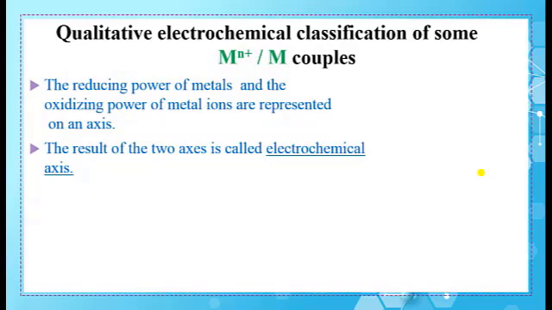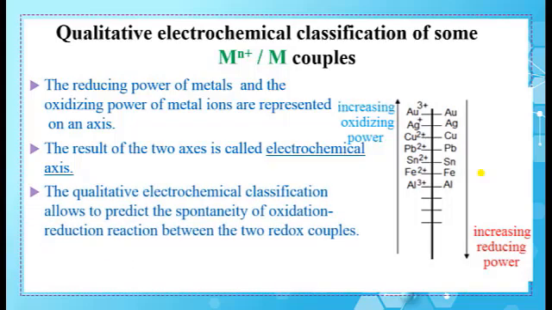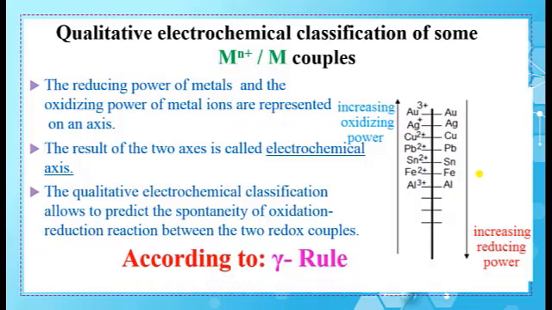The result of these two axes is called the electrochemical axis, which shows both the increasing oxidizing power and the increasing reducing power. The qualitative electrochemical classification allows us to predict the spontaneity of oxidation-reduction reactions between two redox couples, to know whether it takes place spontaneously or not. Of course, to determine if a reaction takes place or not, we must apply the gamma rule.